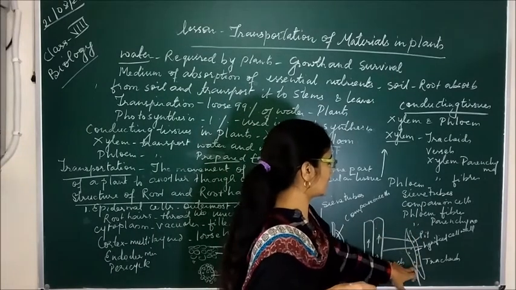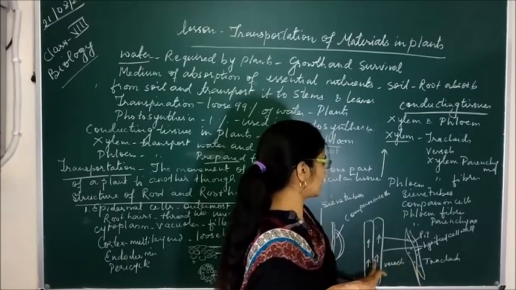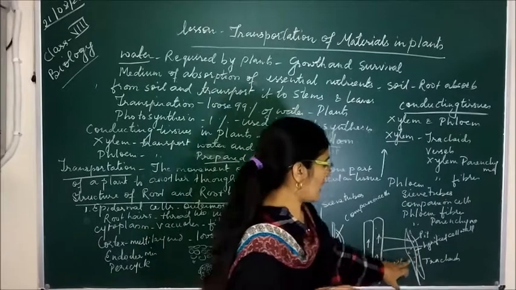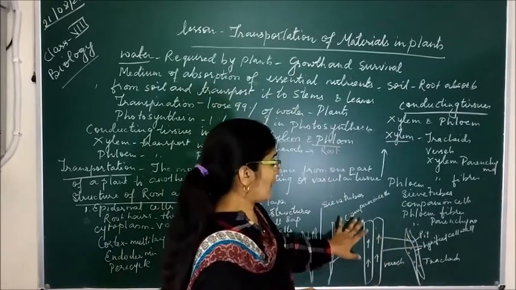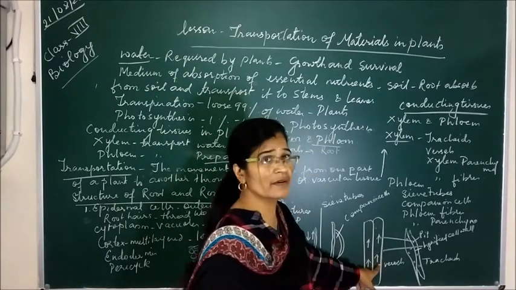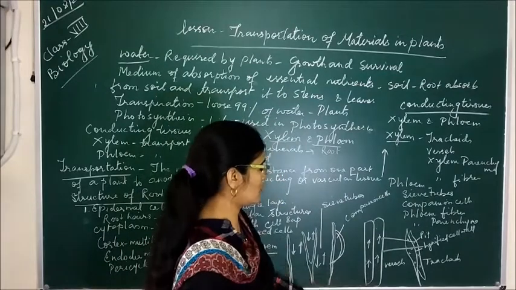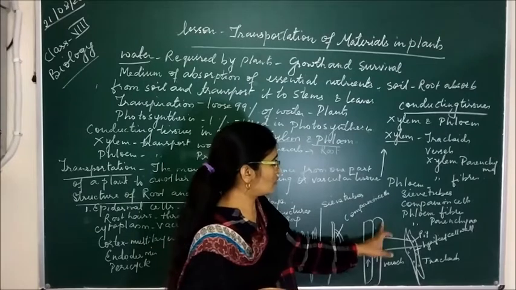It has the vessels and the tracheids. Vessels are tube-like structures, and tracheids have pits and lignified cell walls. So here the water or the minerals absorbed from the roots are transported in the upward direction, from downward to upward.